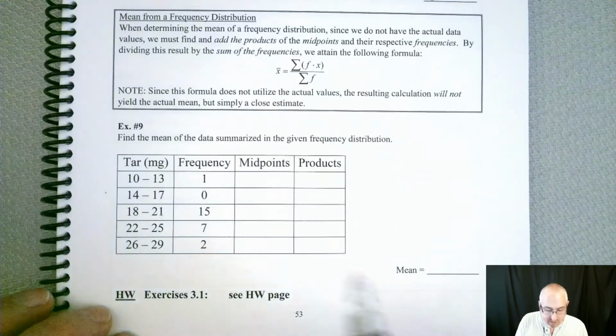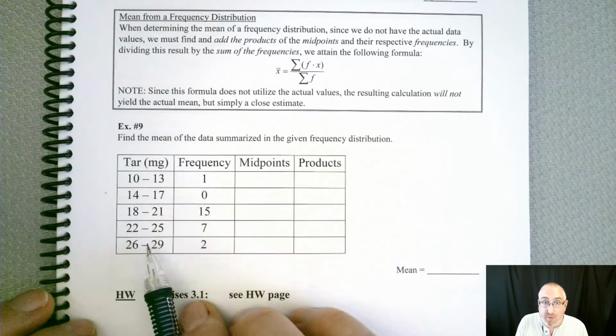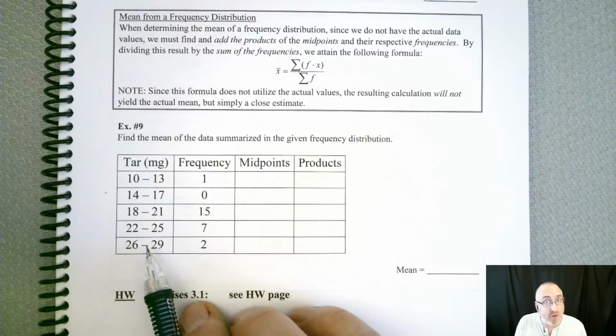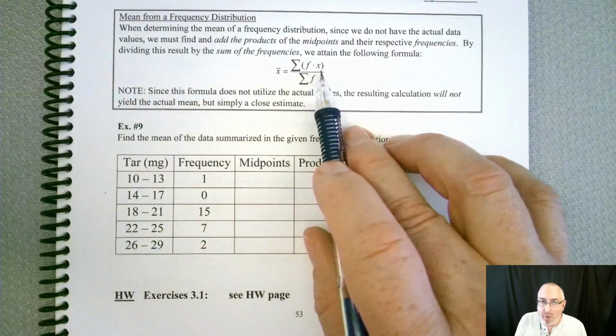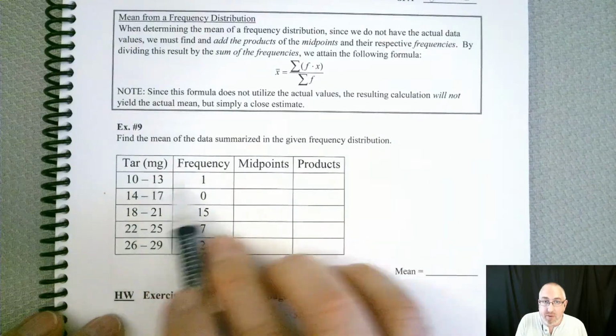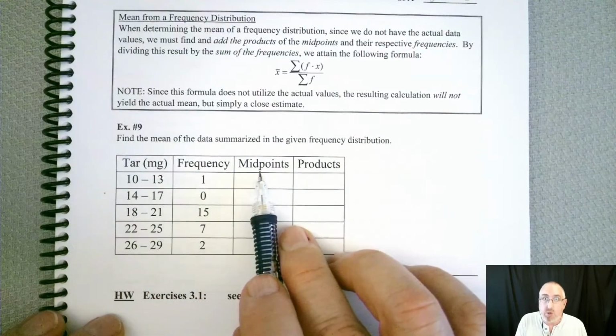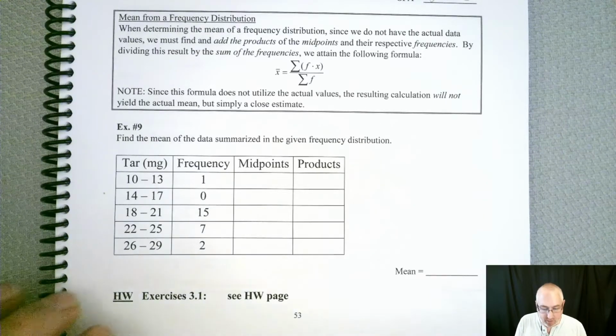The problem is in a frequency distribution like this, where we have classes, we don't have a specific value. We don't have a value for x, but we can create one. And the best point to pick in this interval is going to be the midpoint. So midpoints are going to be your de facto x's for these formulas. So once you've found the x's, then it's exactly the same process as it was for weighted mean.